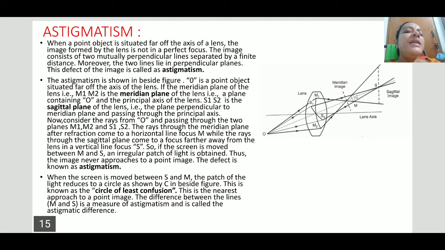The image consists of two mutually perpendicular lines separated by a finite distance. Moreover, these two lines lie in perpendicular planes. This type of aberration is known as astigmatism.